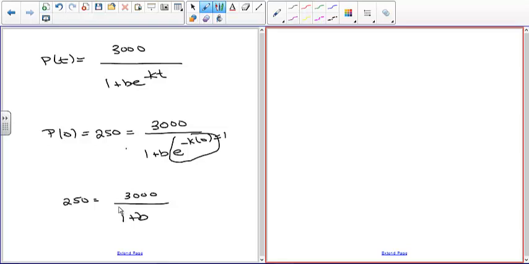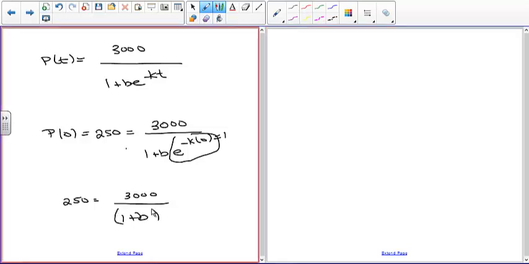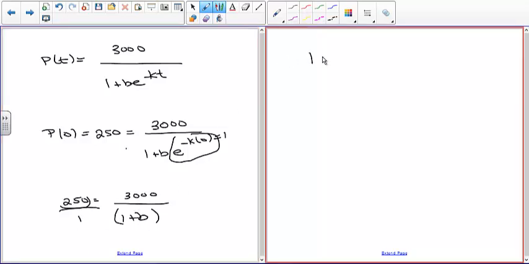So you get 250 is equal to 3,000 divided by 1 plus b, and you just have to solve for b. What I usually do is I take this number and switch it with that number, because you've really got two ratios. 250 over 1 is equal to 3,000 over 1 plus b. So I can say 1 plus b is equal to 3,000 divided by 250. So let's calculate what 3,000 divided by 250 is. 12.